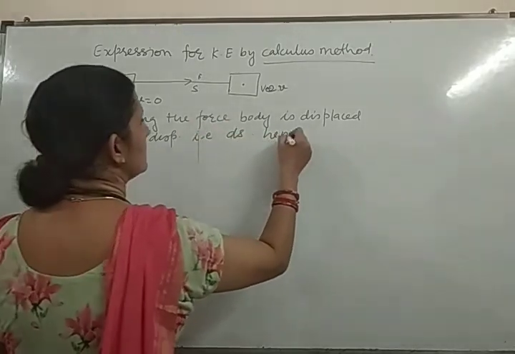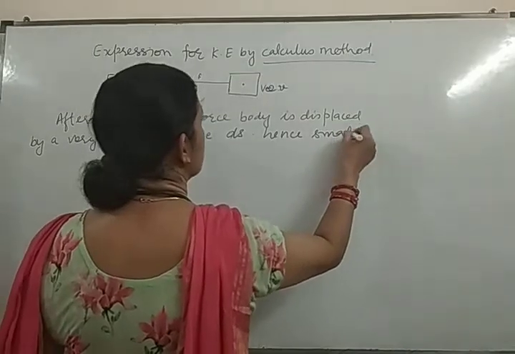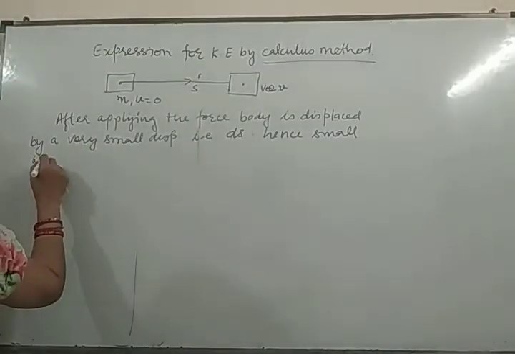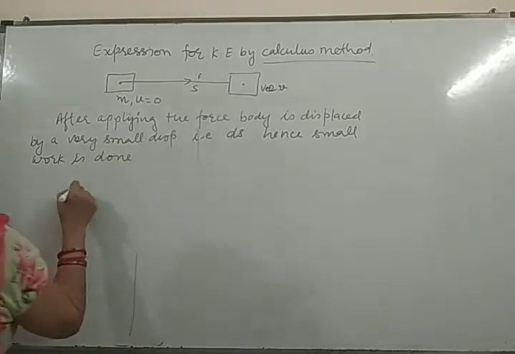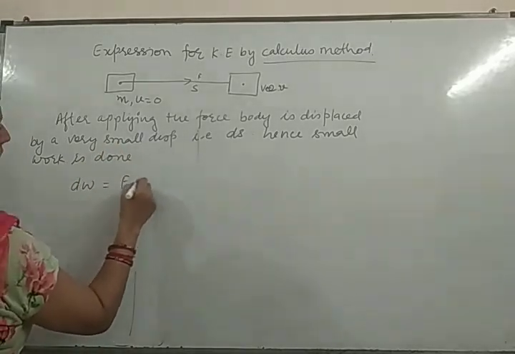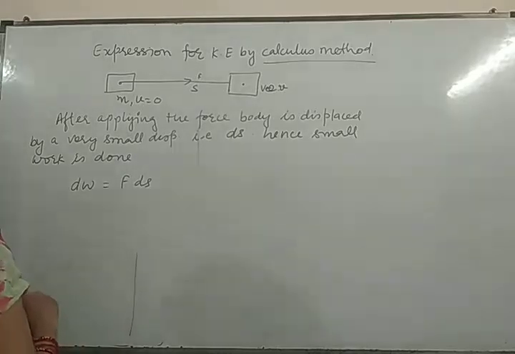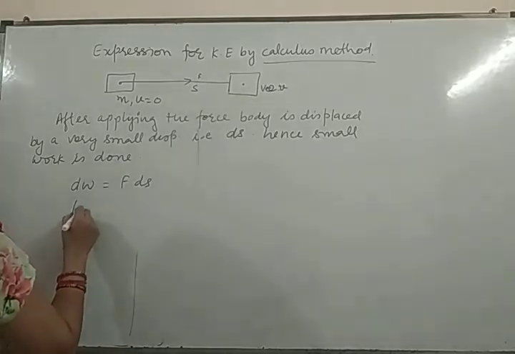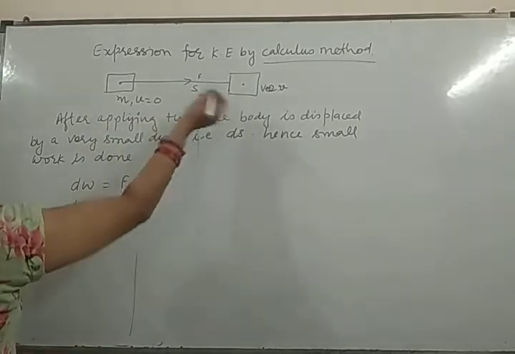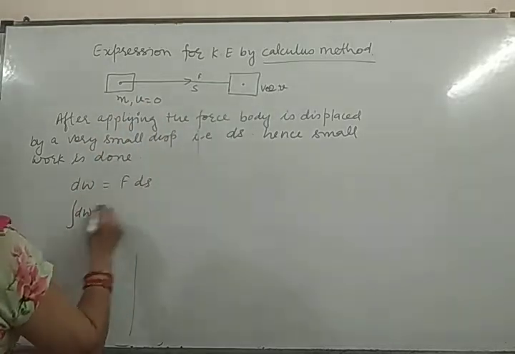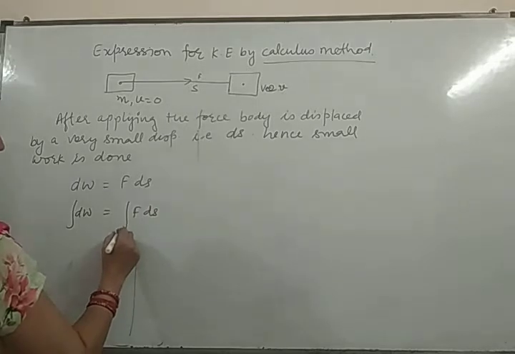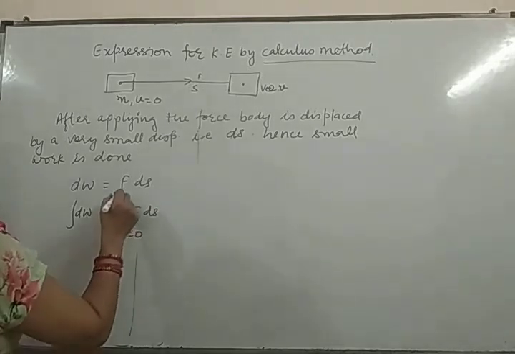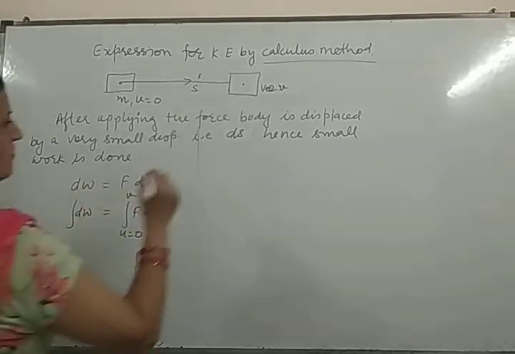Hence small work is done, and that small work done will be f into ds. If you calculate the work done for the complete journey, then you will have to integrate this f into ds from u equal to 0 to v.